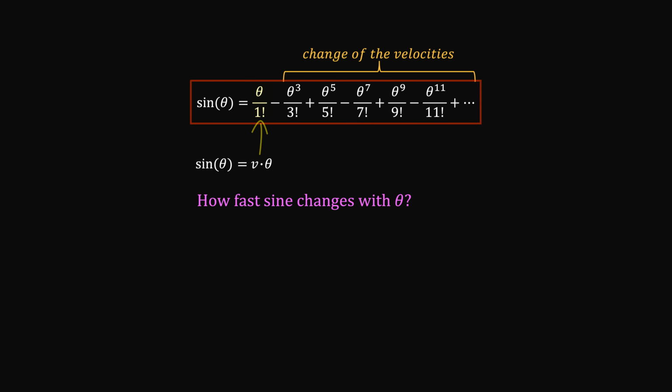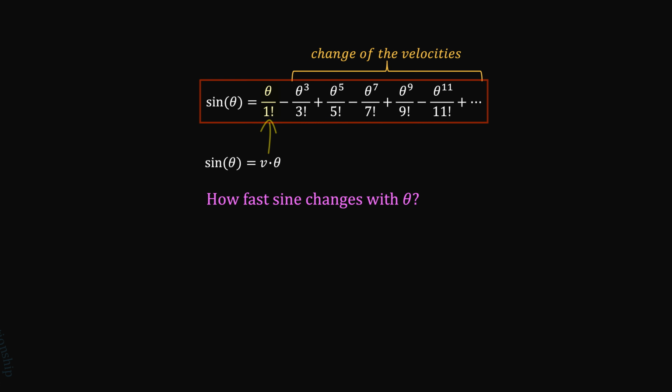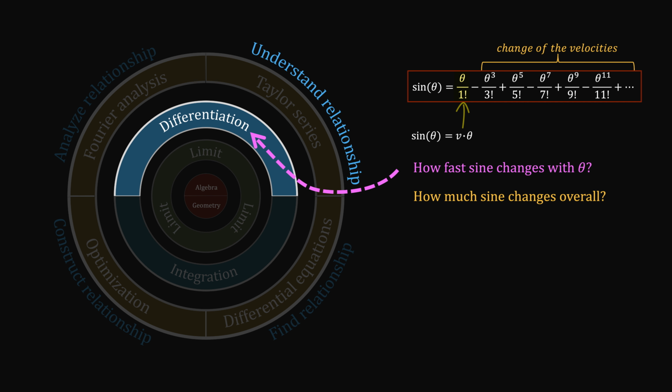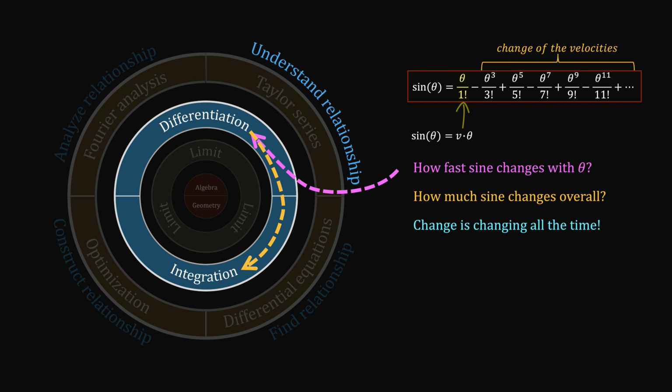So we need to figure out the change in velocity. That leads to differentiation. Then we need to figure out how this velocity impacts the overall sine. This leads to integration. Because the change is changing all the time, this leads to the concept of limit, which is built upon algebra and geometry.